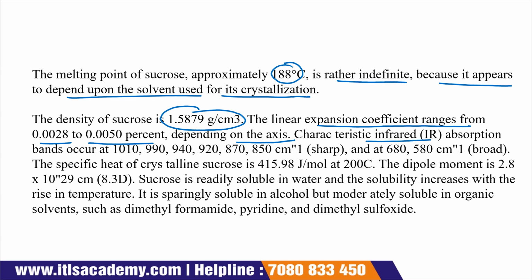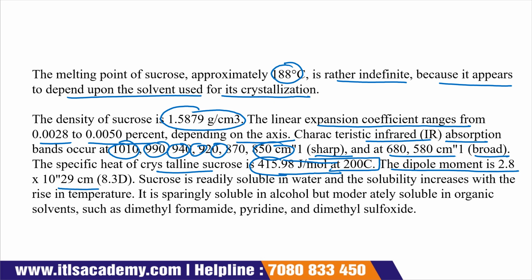Characteristic infrared (IR) absorption bands occur at 1010, 990, 940, 920, 870, 850 centimeter inverse sharp, and 680 and 580 broad. The specific heat of crystalline sucrose is around 450.98 joules per mole at 200 degrees Celsius. The dipole moment is around 2.8 into 29 centimeter, 8.38.